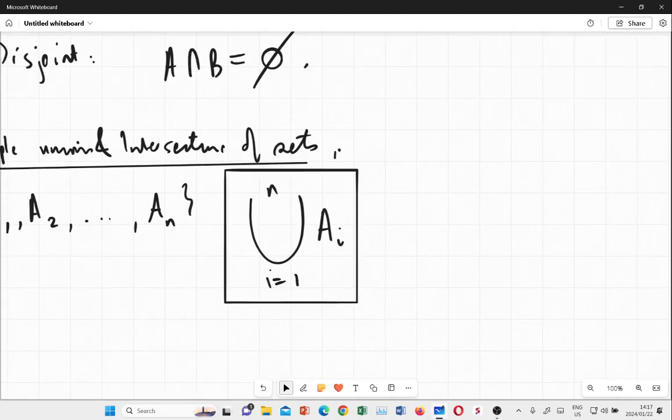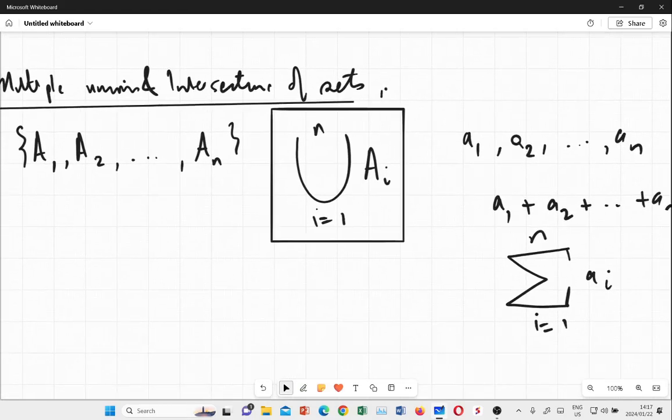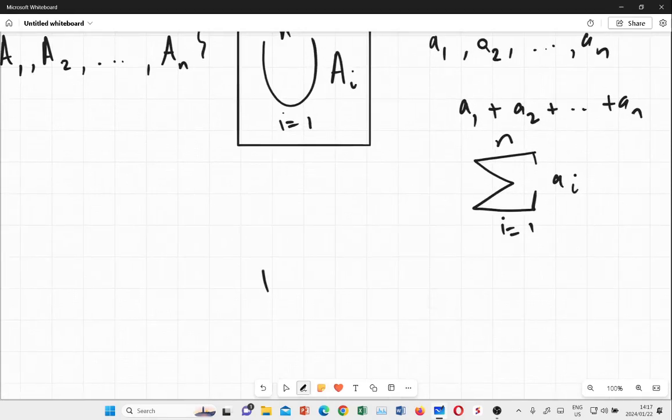So it's the same as if you've got n numbers, A1, A2, and AN, and we add up all these numbers, A1 plus A2 plus AN. And remember, in high school, you just wrote it out as the sum of AI, where I runs from 1 to n. Okay, same thing. So this is the multiple union of the sets, and likewise the multiple intersection of the sets.